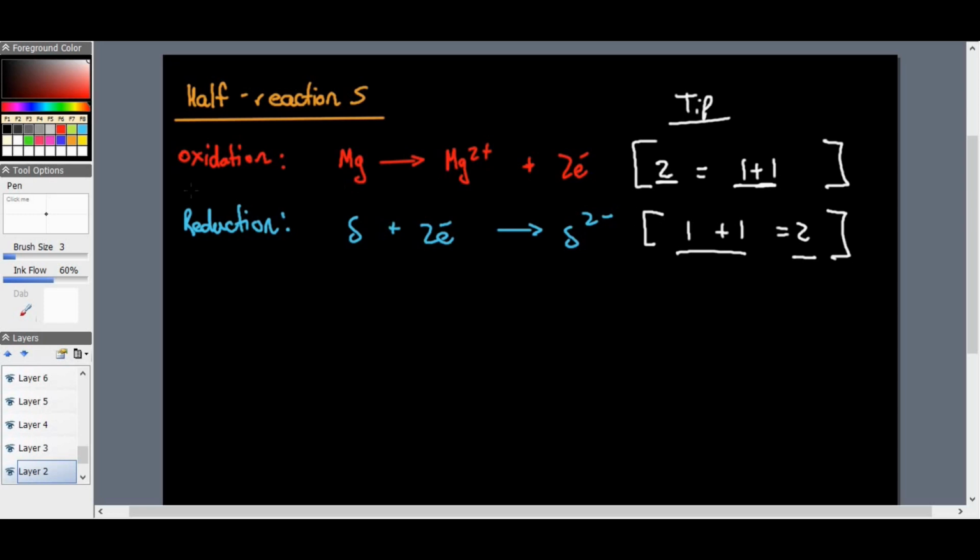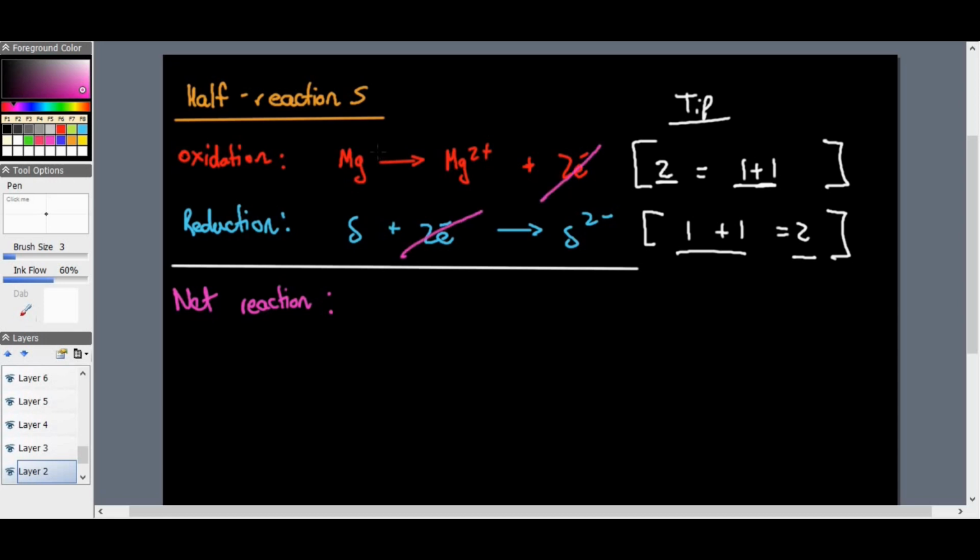Now, we also get what is known as a net reaction, because remember, these are half reactions. A net reaction is one reaction. The net reaction is basically just the product of both. So I've got 2 electrons and 2 electrons, which are both negative, so they cancel each other out. I'm left with everything on the left of the arrows and everything on the right of the arrows.